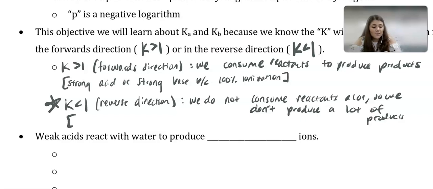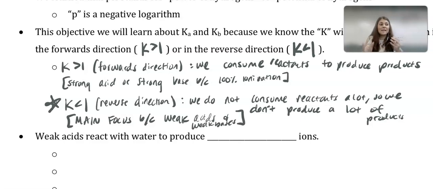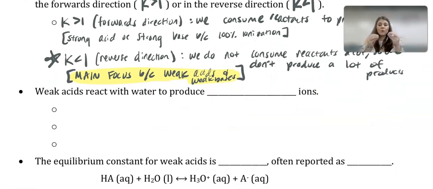So here, this is the main focus of this objective because this talks about weak acids and weak bases, because these do not break up 100%. So weak acids, let's talk about weak acids first, and then we'll talk about weak bases.